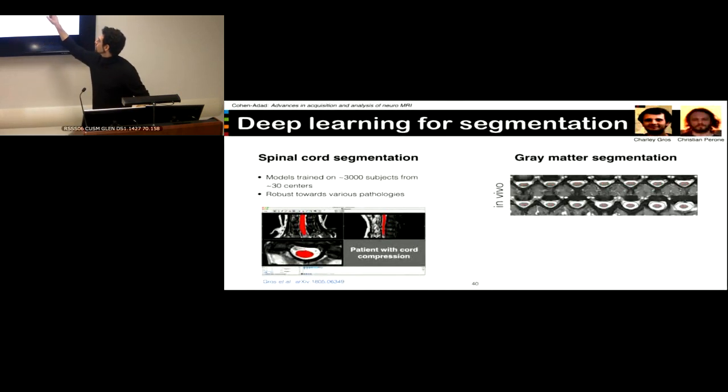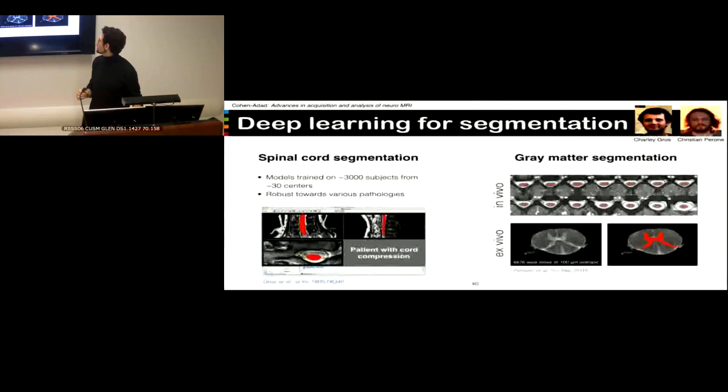We also tried to segment the gray matter, and this has some clinical implications when we want to measure, for example, ventral horn atrophy, which is affected in the ALS populations. And so it's really like a magical tool where we could also apply that in ex vivo scans.